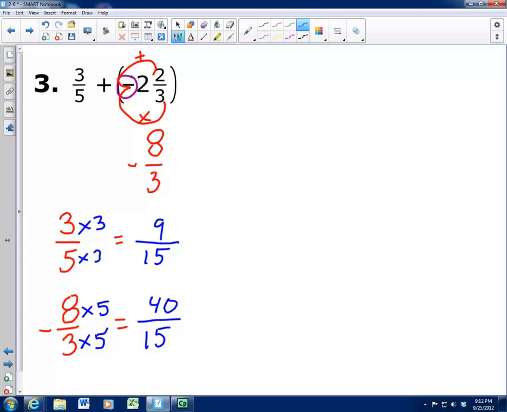So now I'm adding these guys up, but one is negative and one is positive. Okay? So if you remember, whenever we're adding integers or negative numbers, if our signs are different, that means we have to subtract. So I'm going to go ahead and do 40 over 15. I'm going to subtract 9/15 from that.